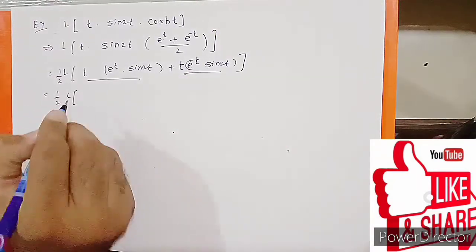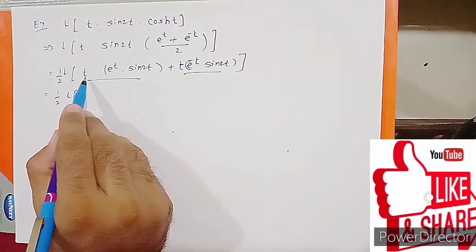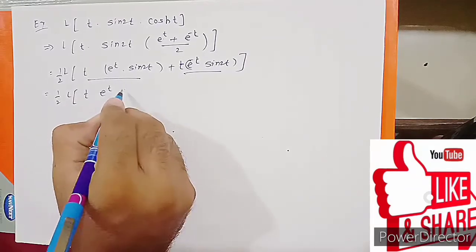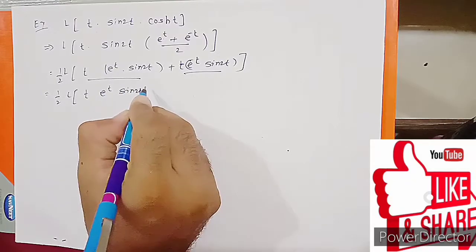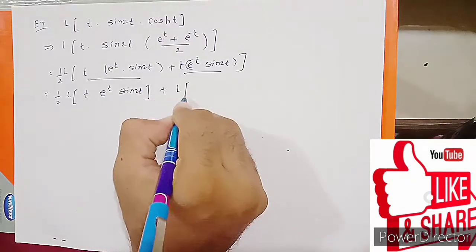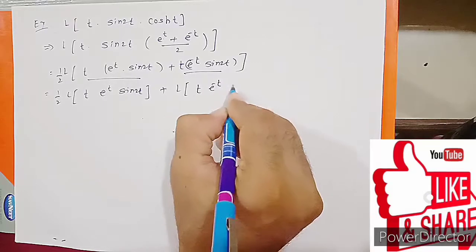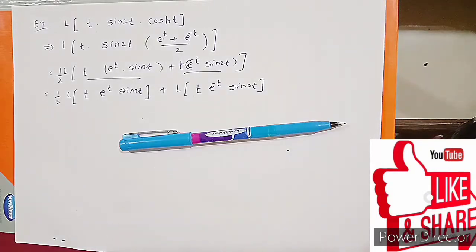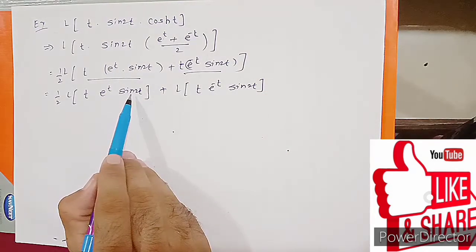Now we solve this. We can take separate Laplace of each term: the Laplace of t e raised to t sine 2t plus the Laplace of t e raised to minus t sine 2t. Guys, tell me, according to you, what is the f of t here? F of t is easily understood, it is sine 2t, right?